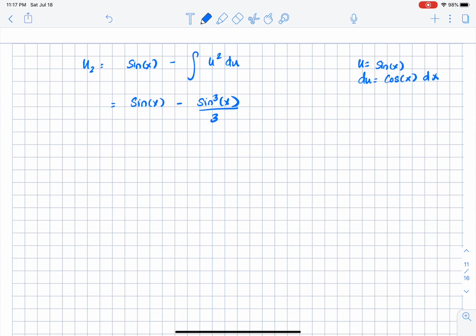So now the particular solution is yp equals u1 y1 plus u2 y2.